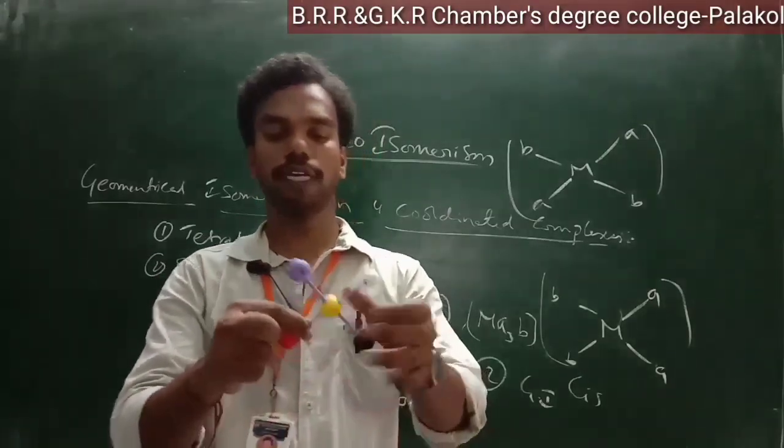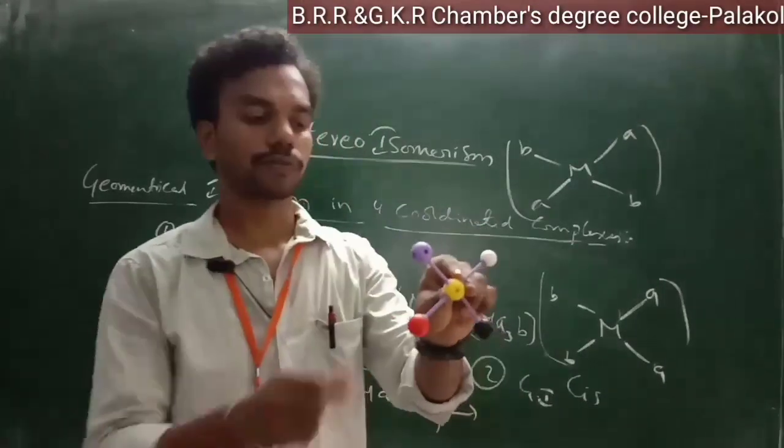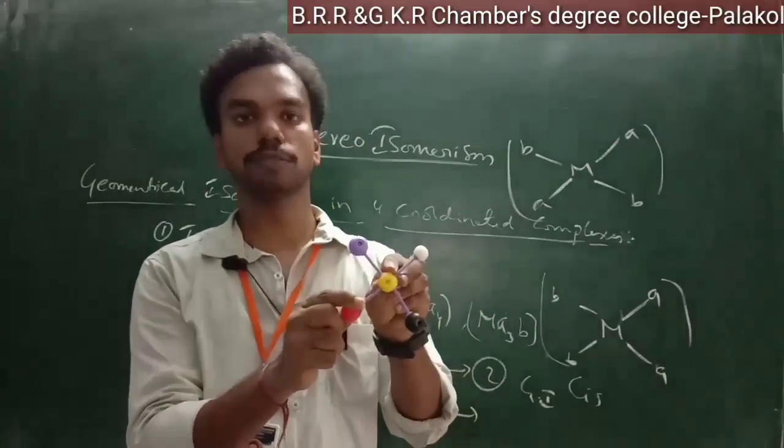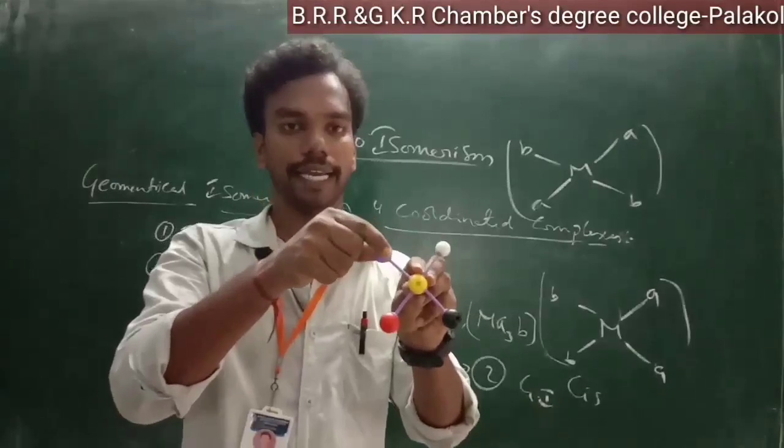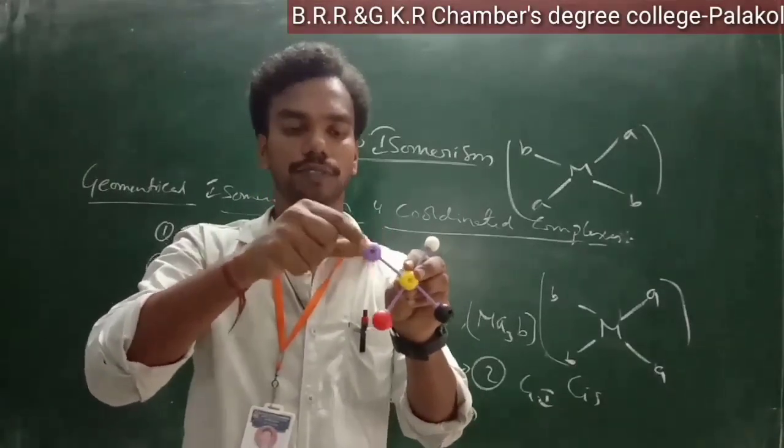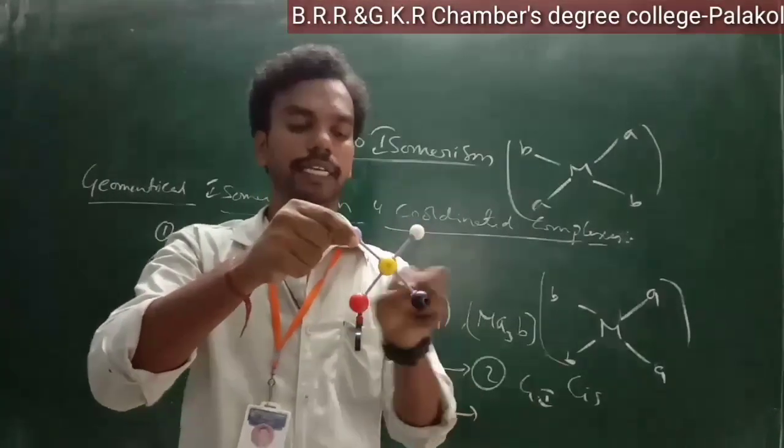Right. So here 4 ligands are different. Okay. So how many geometrical isomers exhibited by this square planar complex? Let us fix one ligand. Okay. If you fix one ligand, now changing these 3 ligands.